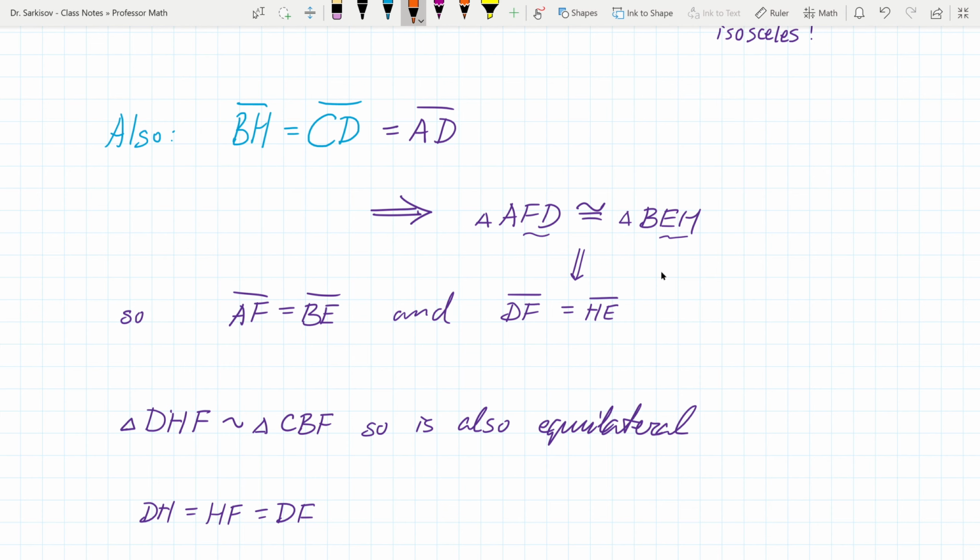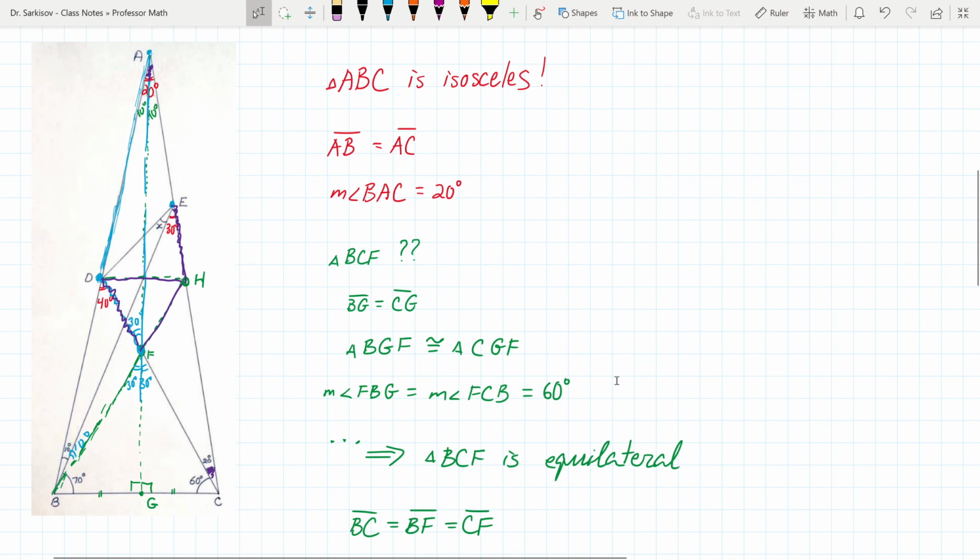Again, let me highlight this in different colors. You see that DF is equal to HE, so put that here. So we have DH, HF, DF, and HE are all the same. This is the orange, the orange, the orange. They're all equal, all these lengths.